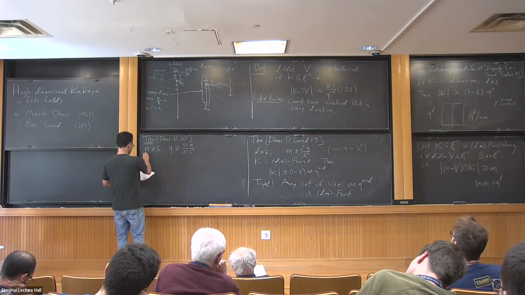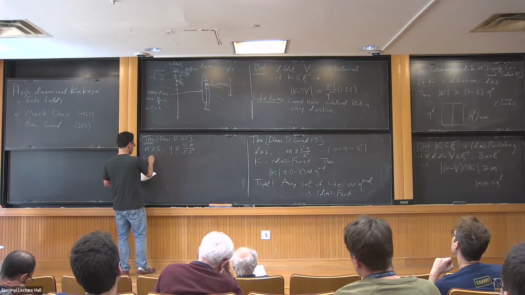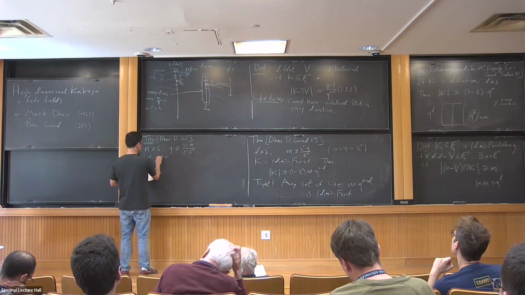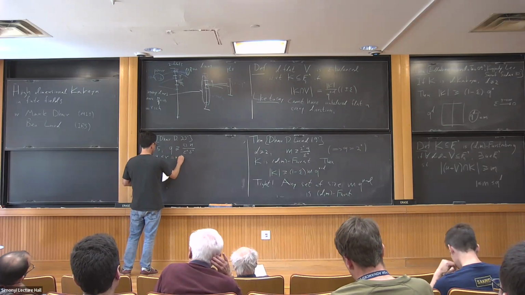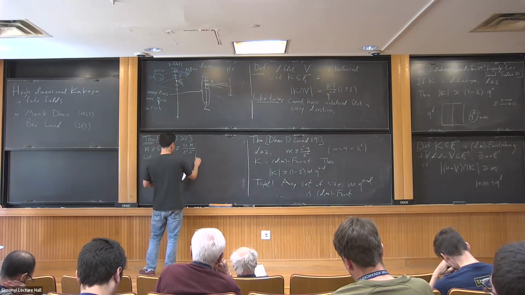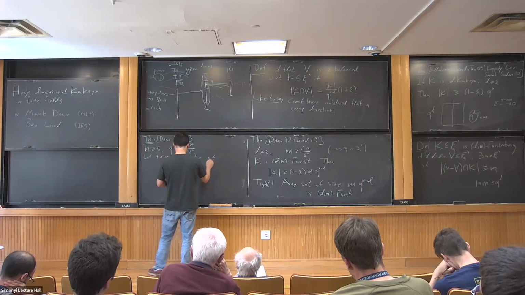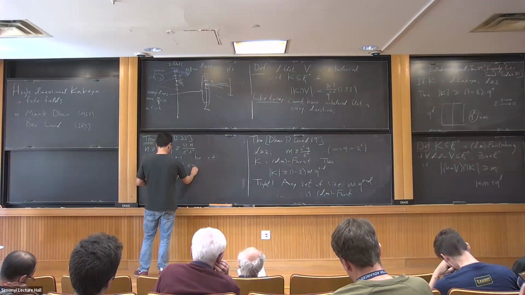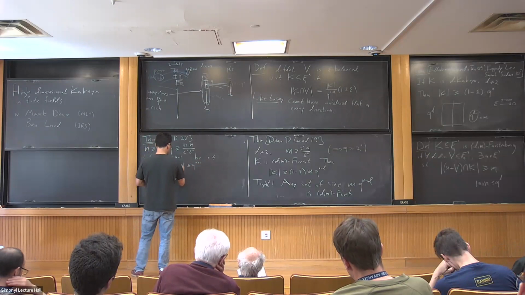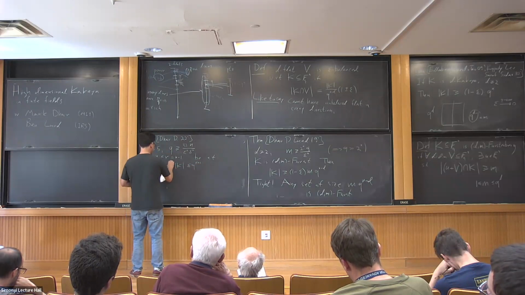And let R, another parameter, R is between 4 and n-1, be such that the size of your set is between q to the r plus 1 and q to the r.